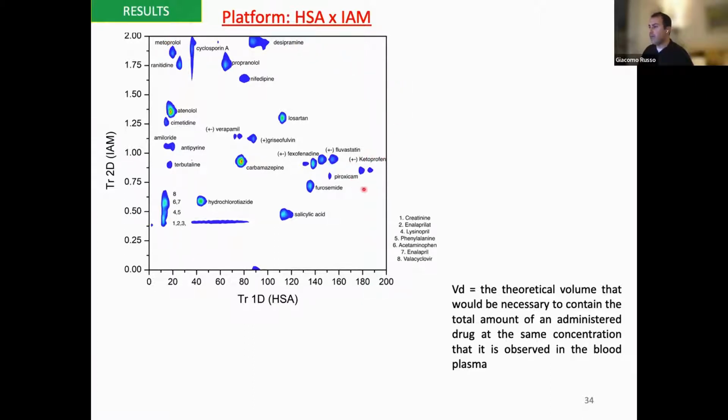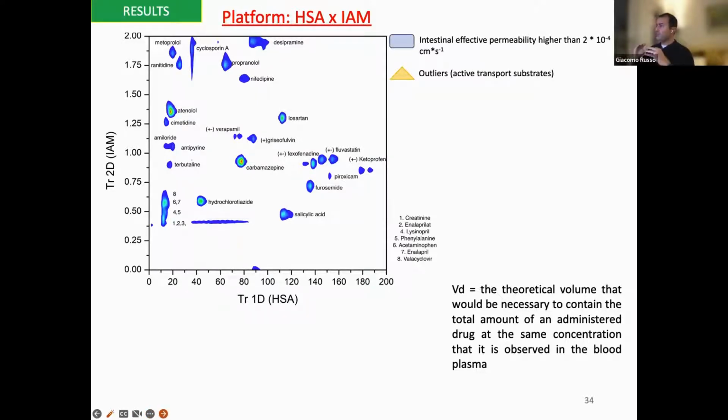We did have the separation of some acidic racemates, for instance, ketoprofen, fluvastatin, fexofenadine, but also some basic compounds as well, like verapamil. But now what we want to know is, can we extract some sort of information out of this chromatogram?